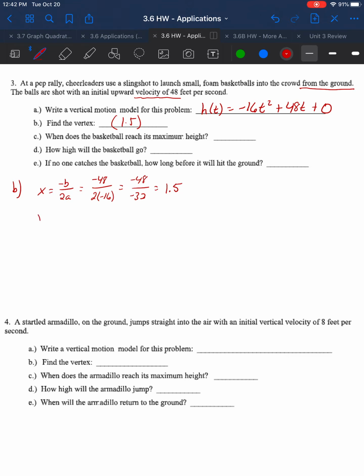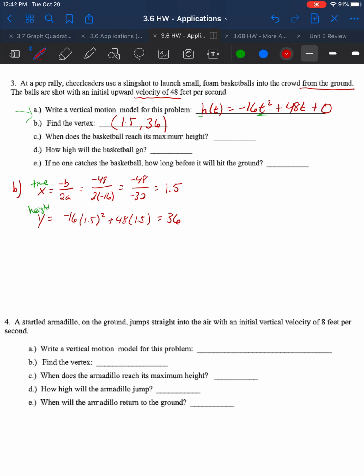Now part B, to get my vertex, this is not any different than the first one I did. Negative b over 2a, and then to get the y from the x, we plug it in. And we get 36.